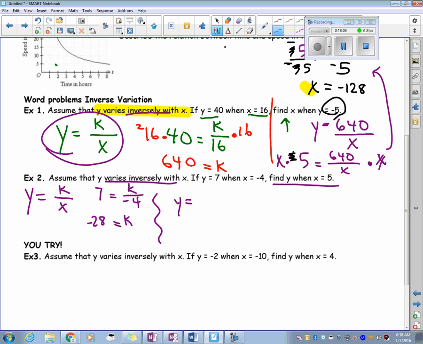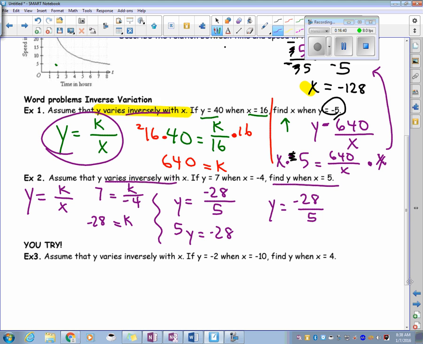So it's -28, that's my constant of variation, over 5. So 5y equals -28. Then y equals -28 over 5. You can leave it like that because it's simple. I know a lot of you are going to want to turn that into a decimal, and you can. If you turn it into a decimal, -5.6.